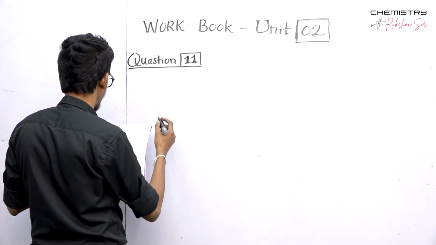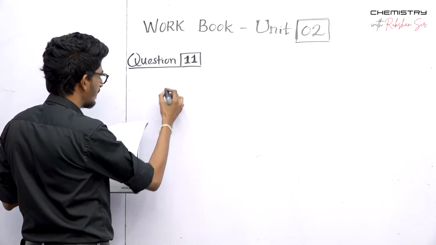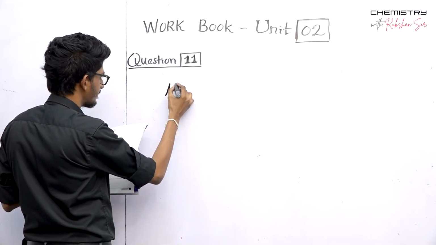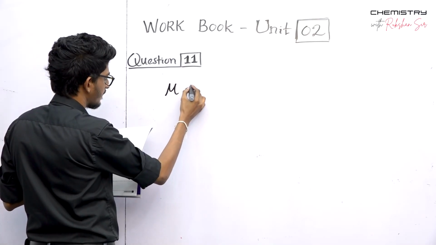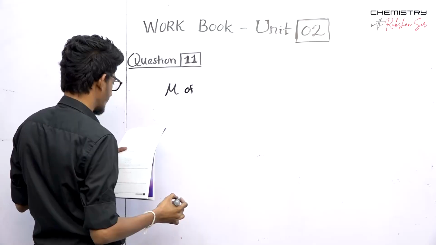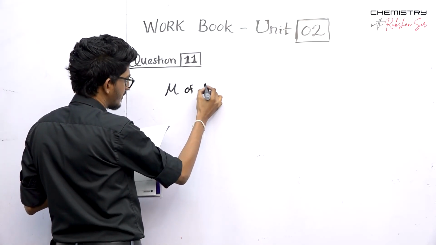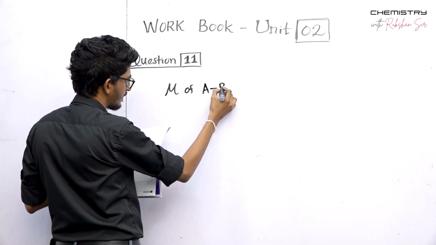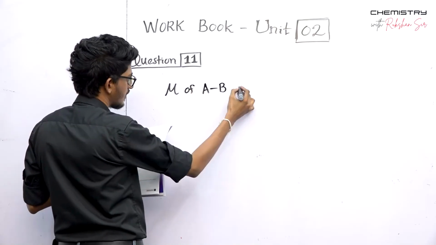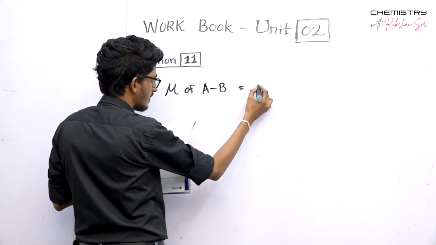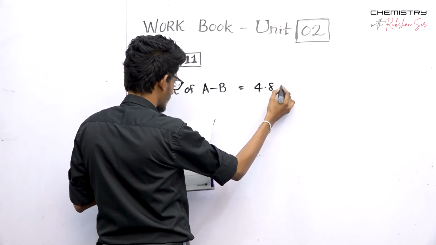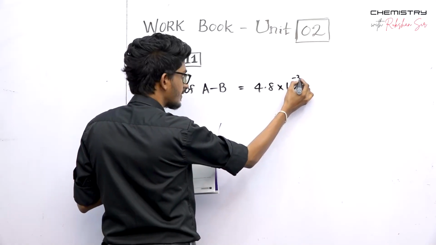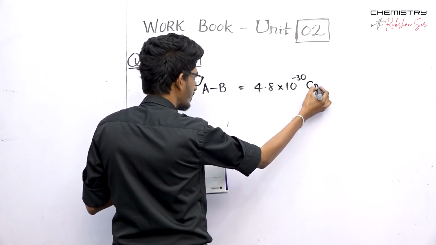Right? They have given you the dipole moment of AB as 4.8 times 10 to the power minus 30 coulomb meters.